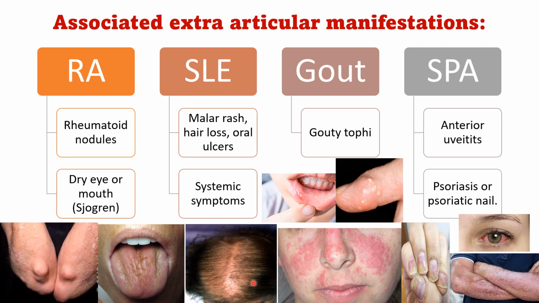In systemic lupus, the extra-articular manifestations are very important, and more common than the joint involvement. We may find mallar rash, as you can see in this image, which is an erythematous rash affecting the butterfly area and sparing the nasolabial fold. You may find hair loss, oral ulcers, and also systemic symptoms like the joint involvement.